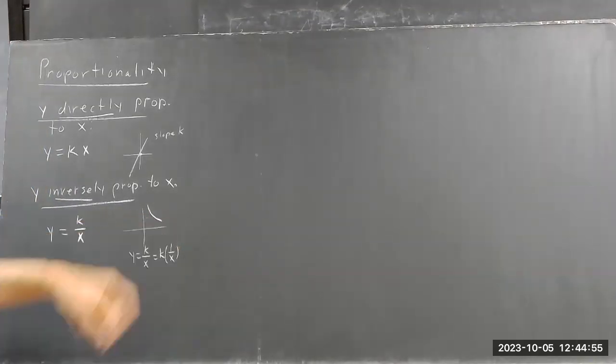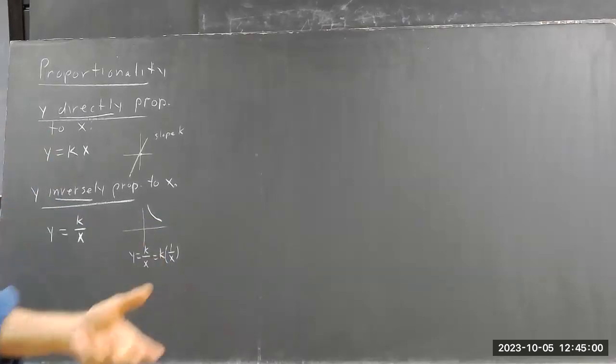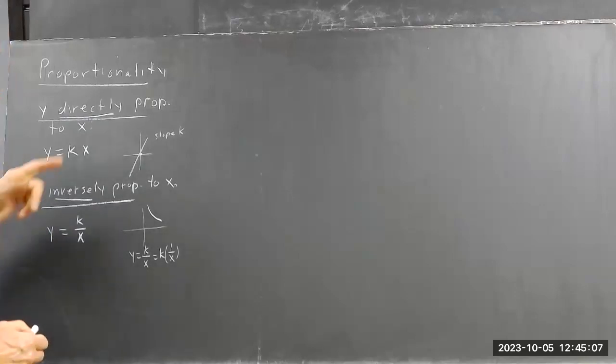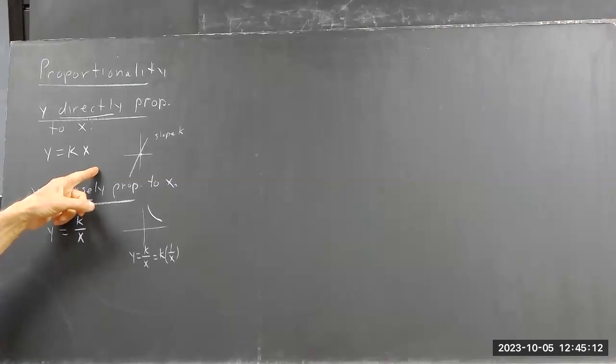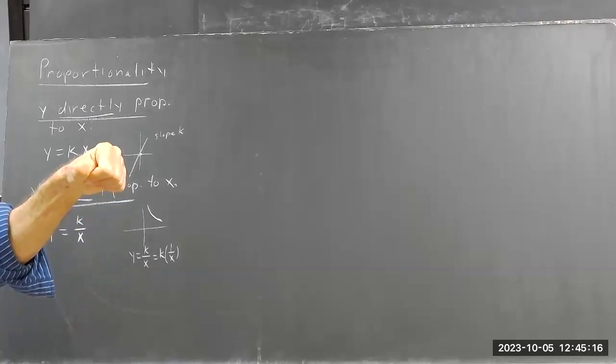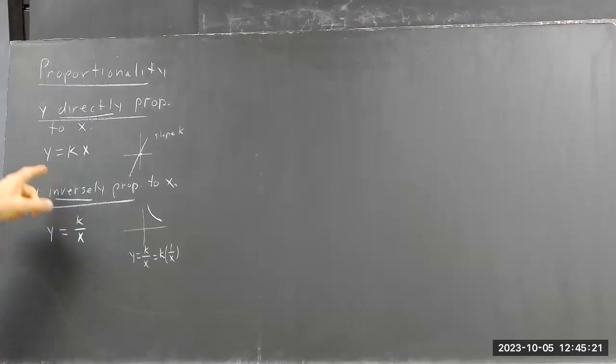Now, it's only in the first quadrant because we aren't going to use negative numbers with proportionalities, although we could generalize it to that, but we're probably not going to see that. In this case, if X gets bigger, does Y get bigger, smaller, or can't you tell? In this case, if X is bigger, is Y going to be bigger? Or is it going to be smaller? Going to be bigger.